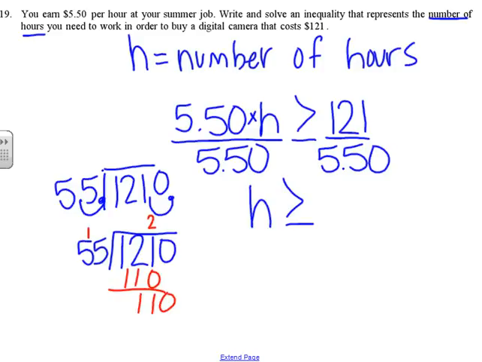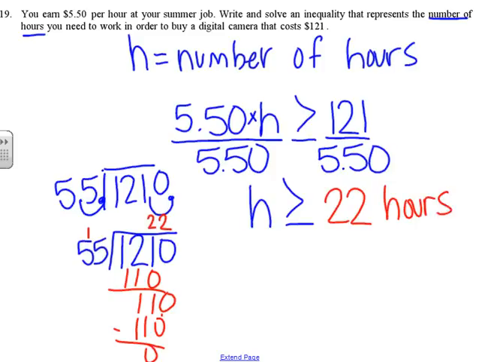And 55 will go into 110 twice again. So H is greater than or equal to 22 hours. If we need to interpret that, we could say you must work at least 22 hours.